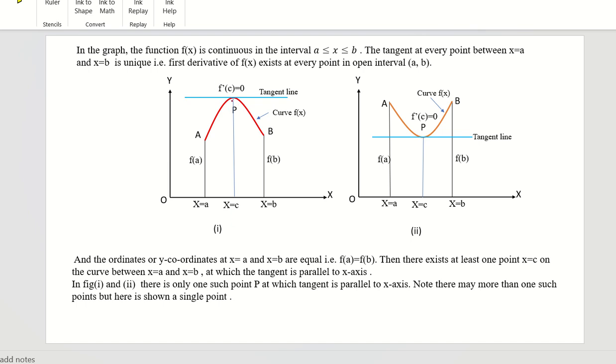See here in the figure, there is a point P at which the derivative is 0. Derivative 0 means the tangent line is horizontal. It makes an angle of 0 degrees with the horizontal. It is parallel to the x-axis. And in the second curve, this is a point P, at which the tangent is horizontal.